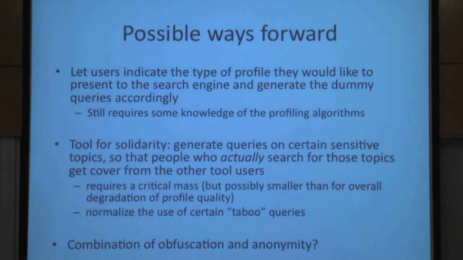Okay, so possible ways forward if we want to think about what to do with these kinds of tools. One idea would be to let users indicate the type of profile they would like to present to the search engine, and then tailor the dummy generation strategy to achieve that profile. So you can say, I want to appear as somebody who is a very careful buyer who looks at many options before making a decision, because I know that this is the way I will get a better deal than if I appear as a compulsive buyer.